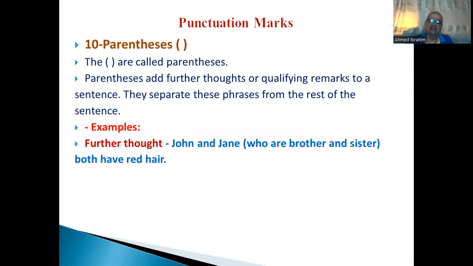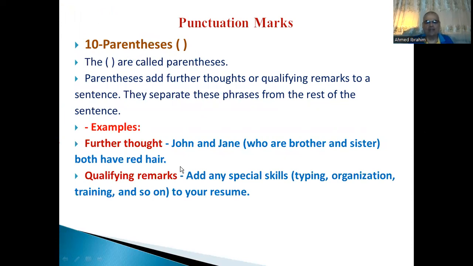Further thought: John and Jane (who are brother and sister) both have red hair. Qualifying remarks: Add any special skills (typing, organization, training, and so on) to your resume.